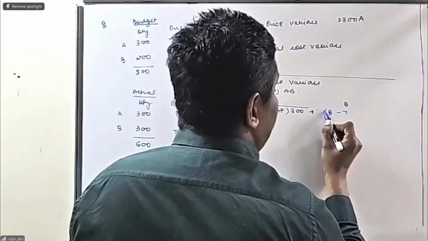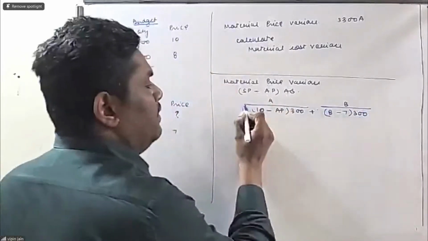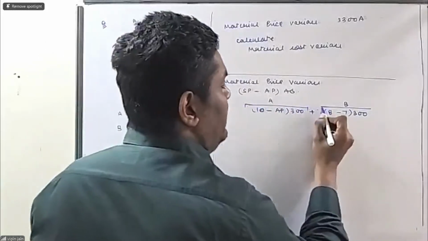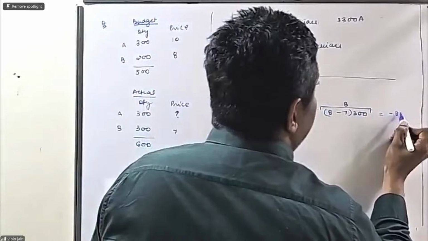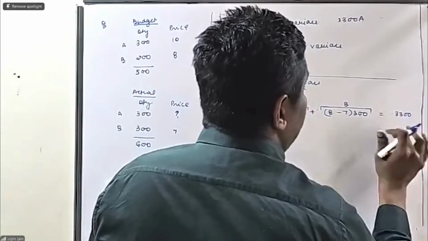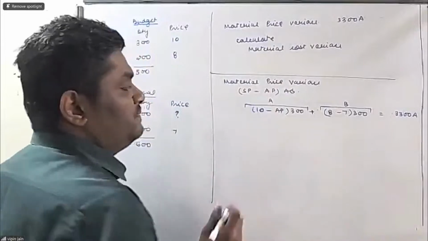This is for A and this is for B. And this should be equal to minus 3300, or we can say 3300 adverse.